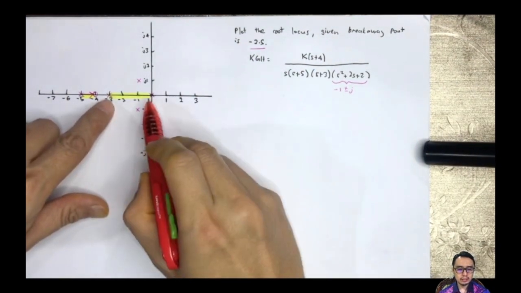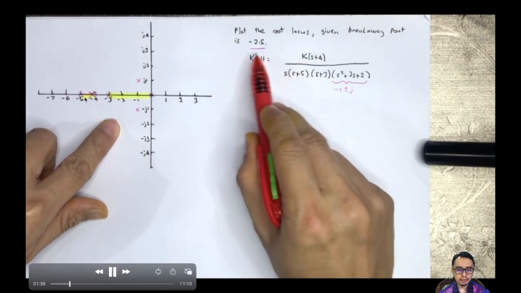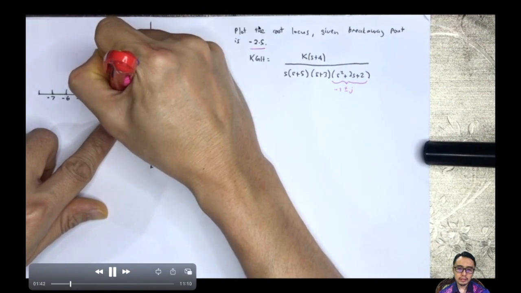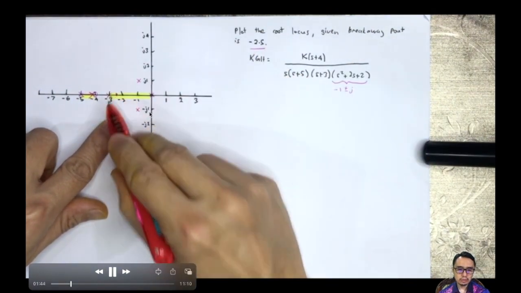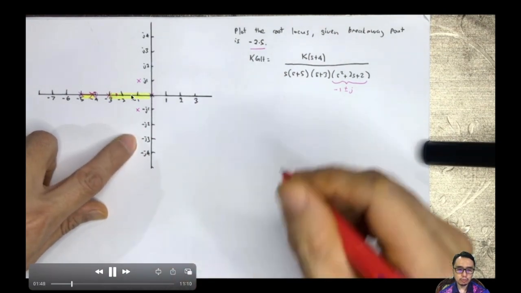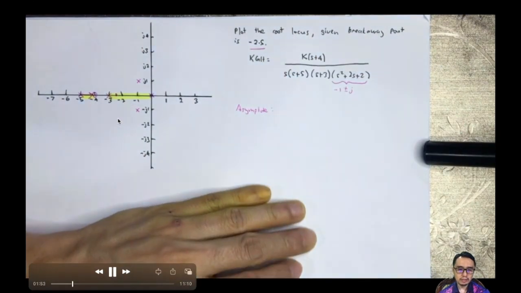Okay, that point is easy. The locus will start at poles and at this particular zero. But here the breakaway point was given, so you can mark it right away, knowing that these two poles will meet at this particular point and leave before leaving the real axis.